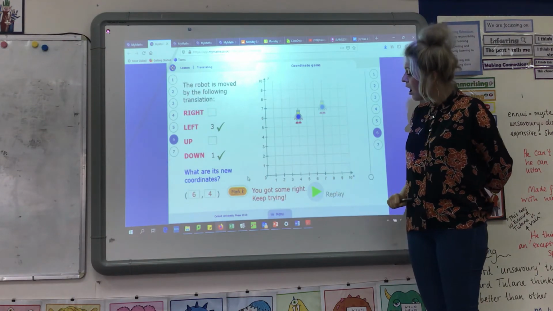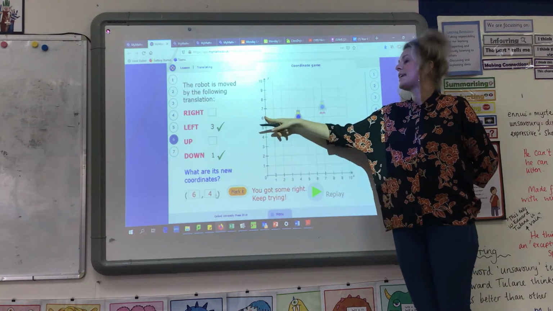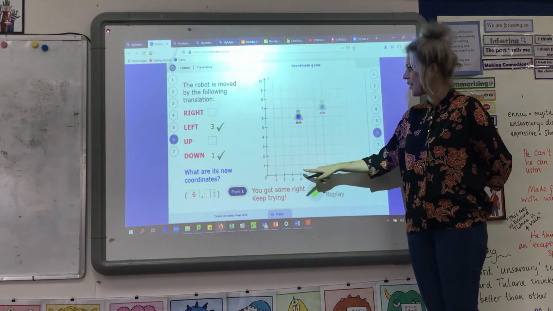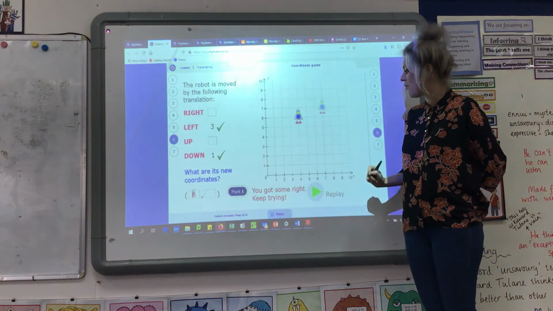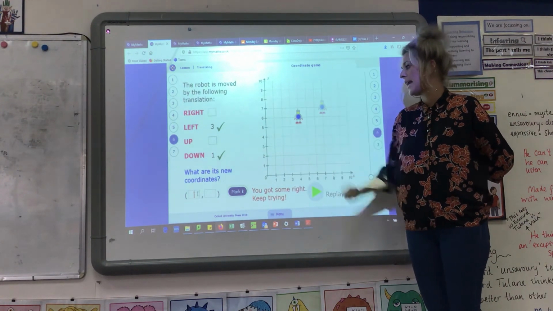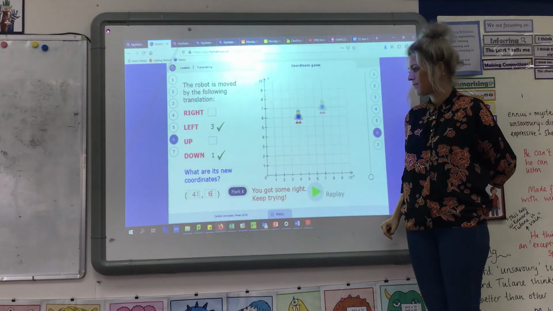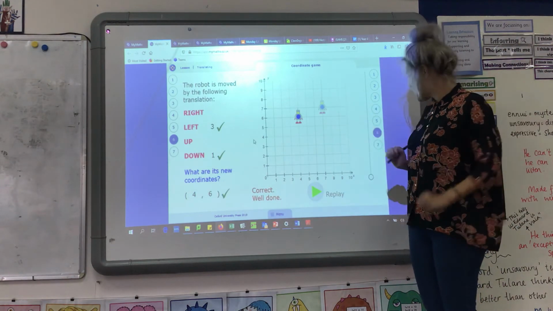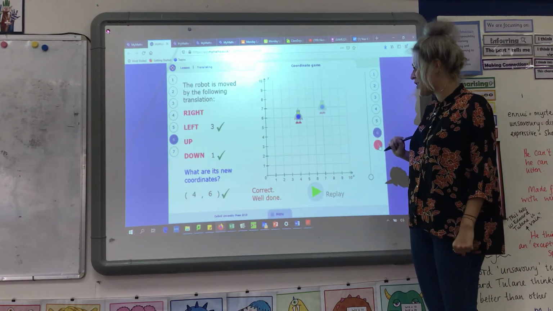Why? Because I have tried to go up the stairs too quickly. You have to go in the corridor before you can go up the stairs. I've put the y coordinate first. So let's try 4, 6 and see if that is right. Woohoo! Fantastic.